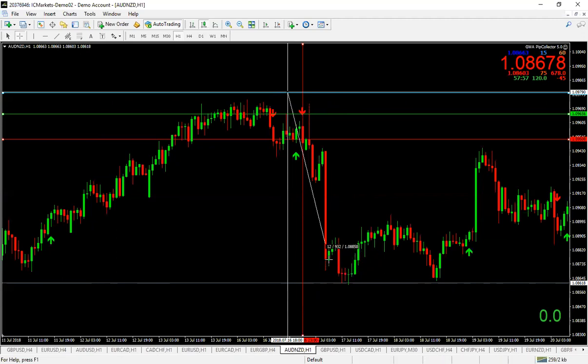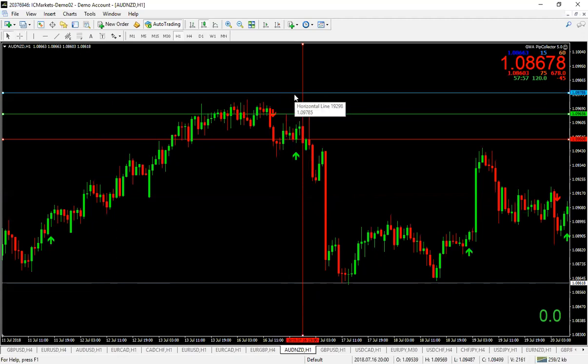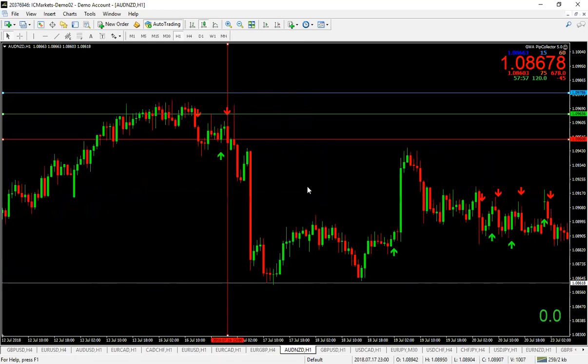Even if you got 70 pips and you had a stop loss of 30, that's a risk reward of about 1 to 2, which is very good. For every 30 pips you would have lost, you gained twice as much. That is awesome. That's the beautiful thing about this PipCollector.